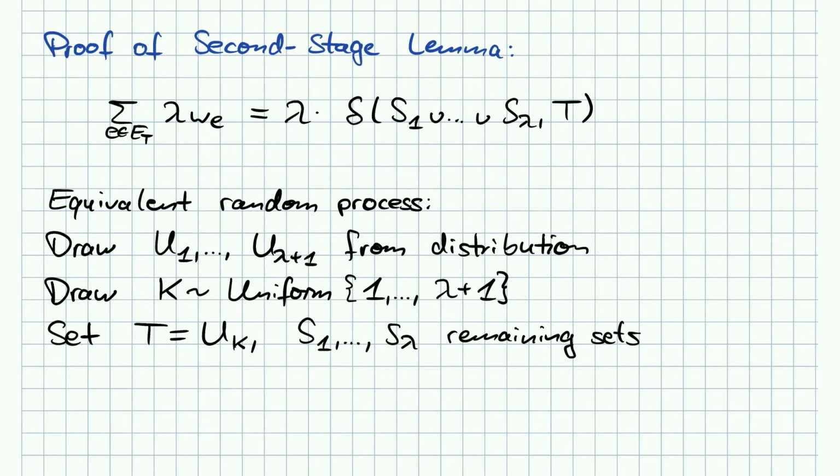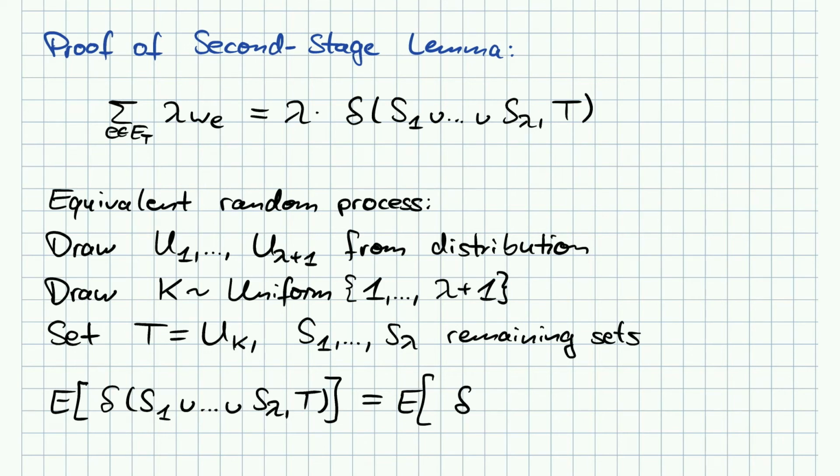And now we can of course write the expectation of delta of S1 through S lambda comma T. This is nothing but the expectation of delta of the union of all Uj which are not equal to capital K, comma, UK.